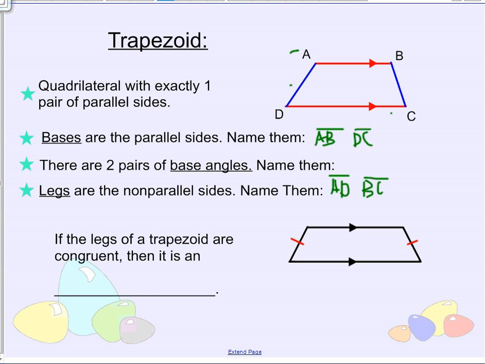Now that is a trapezoid in general. Now there's something called an isosceles trapezoid, and an isosceles trapezoid is when the legs of a trapezoid are congruent.